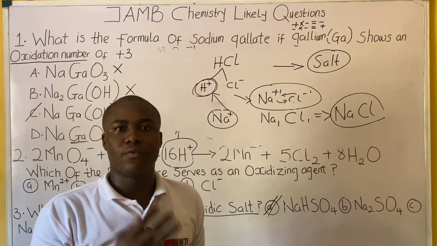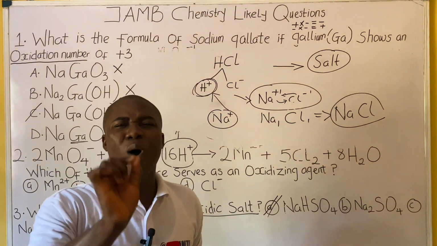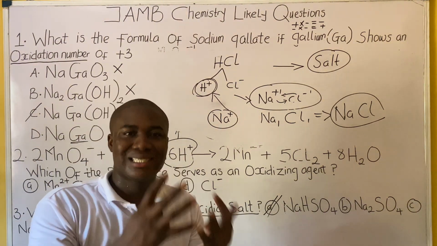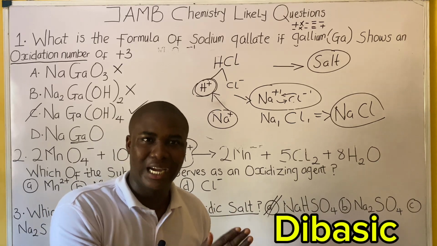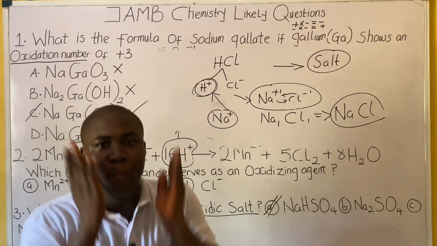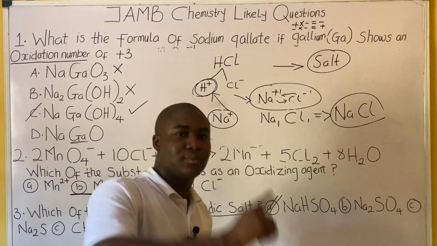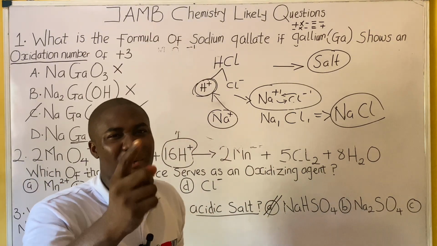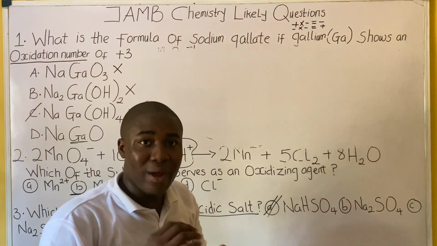There are some things you should know. All acidic salts are formed from acids that are dibasic or tribasic. You don't have to get confused. Monobasic acids can never form acidic salt. I will explain, so listen carefully.